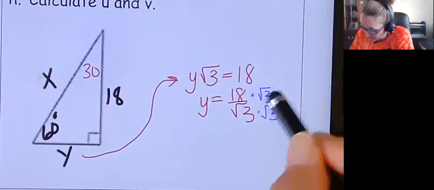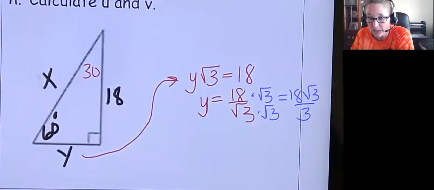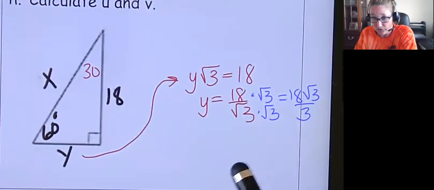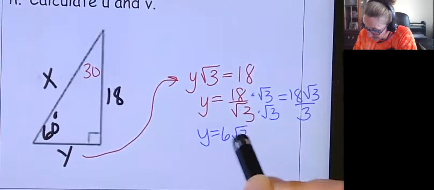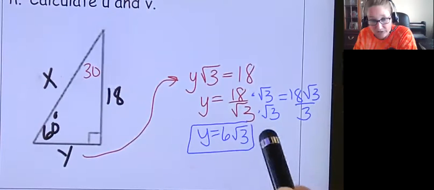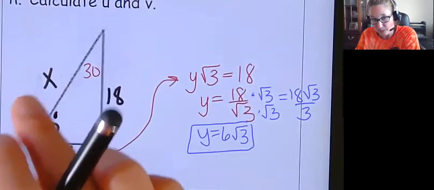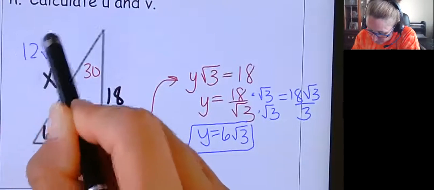And I end up getting 18 root 3 over 3. And 18 over 3 can be reduced. So this answer is going to be 6 root 3. And then whatever answer I get across from my 30, I'm going to double that to get my hypotenuse. So this is going to be a 12 root 3.